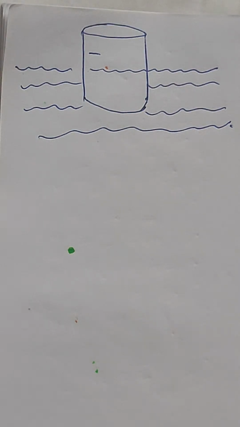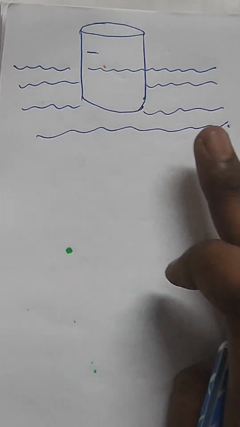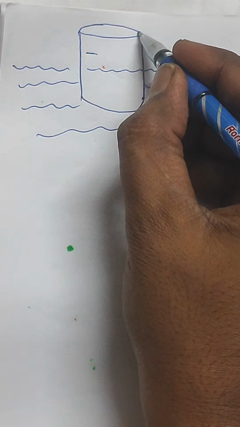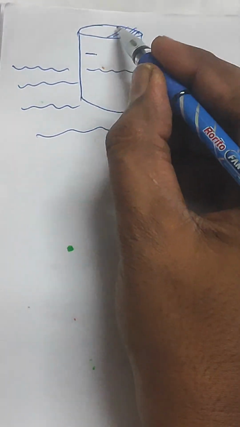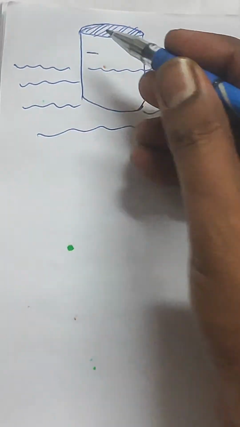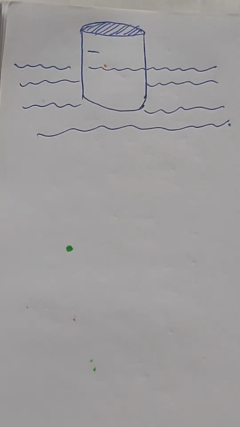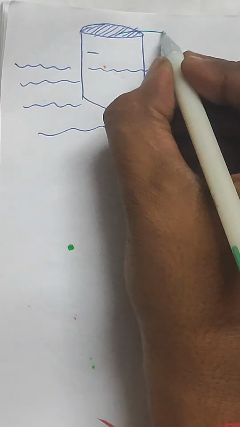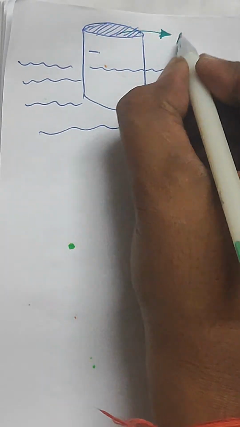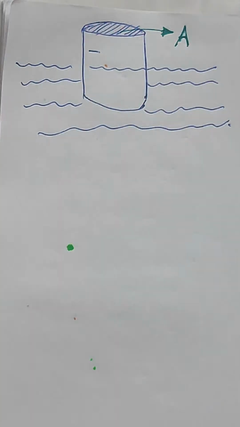Now it's given that the cylinder has a uniform cross section area A. So here you can see the cross section area, this is given to you, and that is equal to capital A. These are the data given in the question, right?